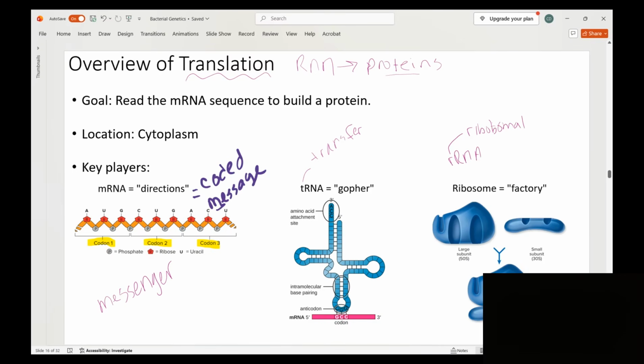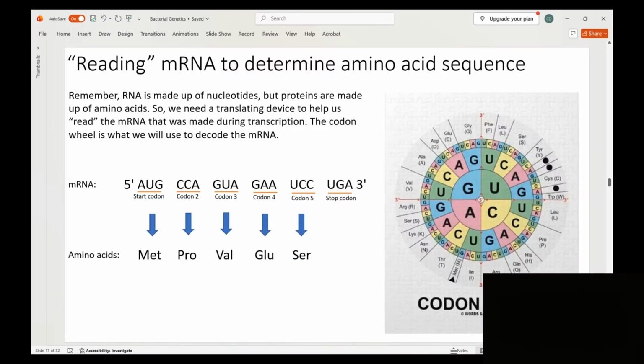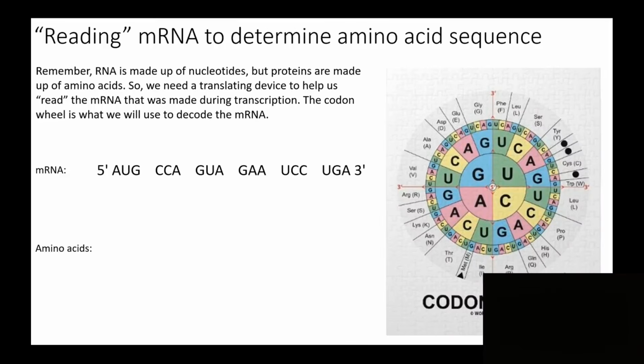But first, I want to show you what's happening during translation so you can see the different roles of these key players. I'm going to go into animation mode. What you see on the right here is the codon wheel. That's the translation device that's going to help us go from mRNA to amino acids.